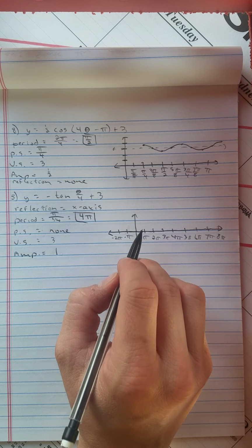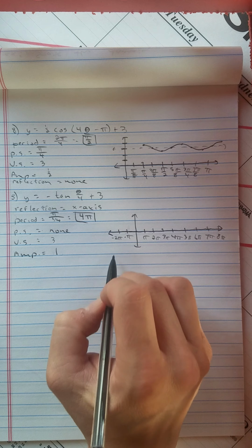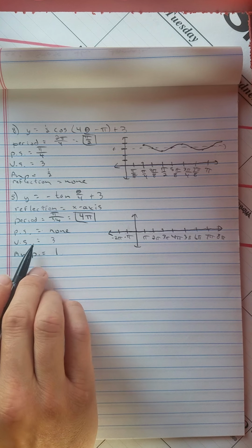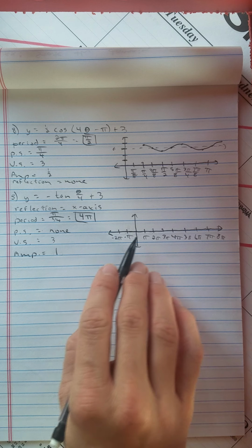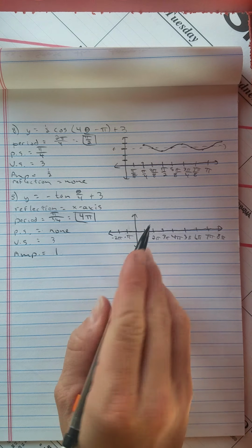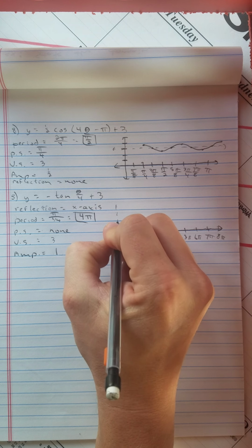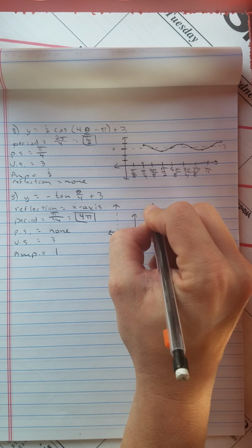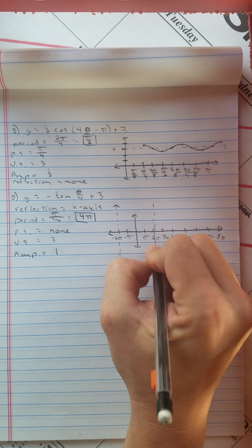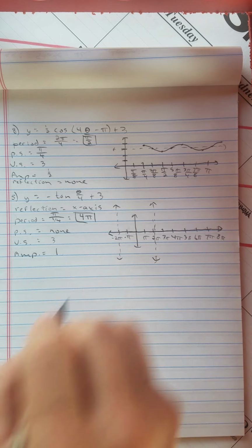And another thing worth remembering here is there's no phase shift. So those 2 asymptotes do not slide side to side. They would be at, like I said, negative 2 and positive 2. So those don't move.